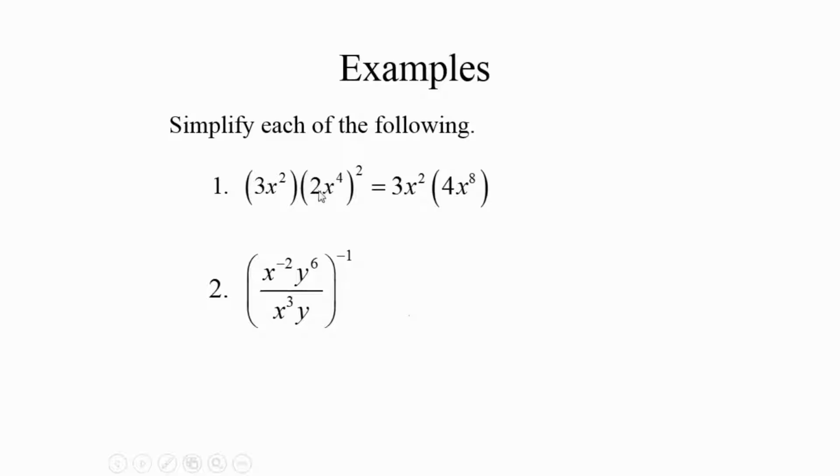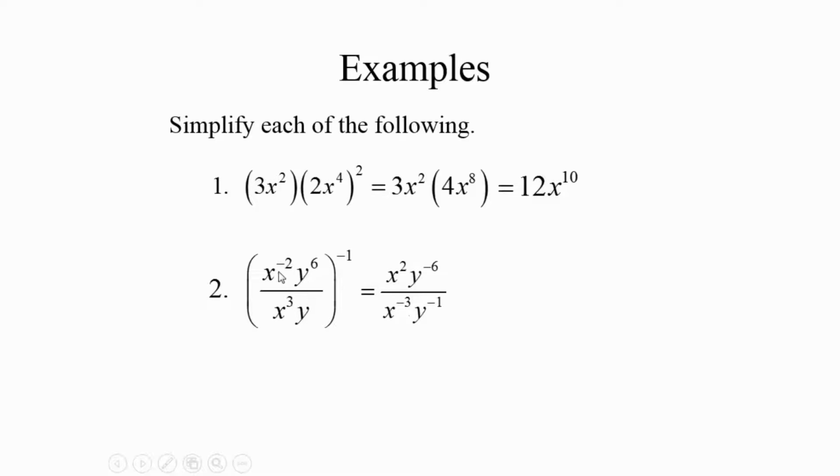Again here, as I said, you raise this one to the second power, which would become 4h to the 8th. Now you can combine the two. 3 times 4 is 12, h, and add up the power, h to the 10th. That was easy.